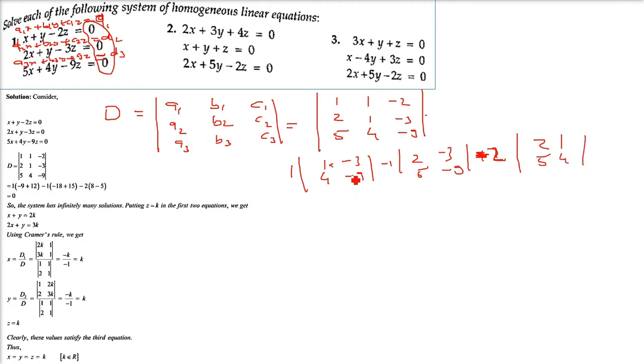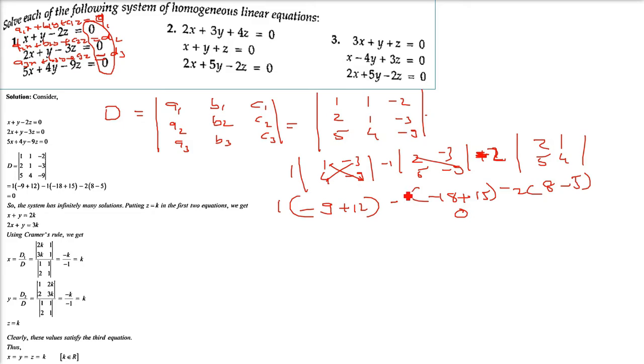So this will be minus 9 plus 12. Then we have 1 into this and minus 1 into this, going to be minus 18 plus 15. Minus 2 into 8 minus 5. So when you compute, this is going to come as 0.